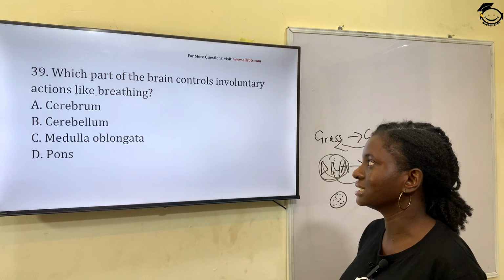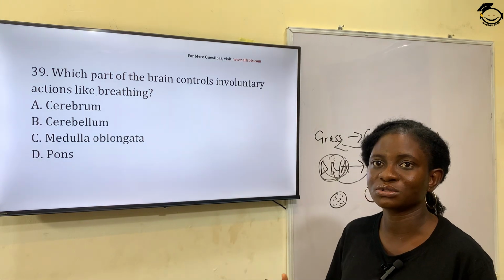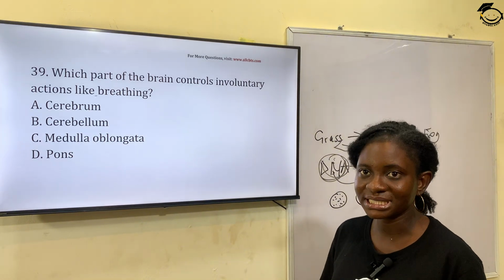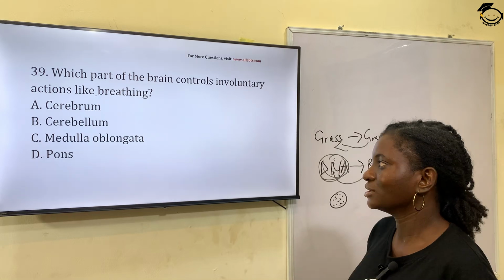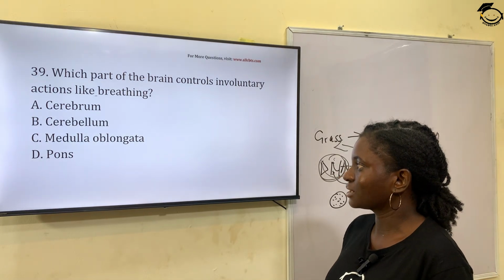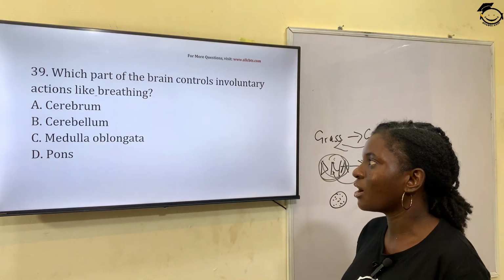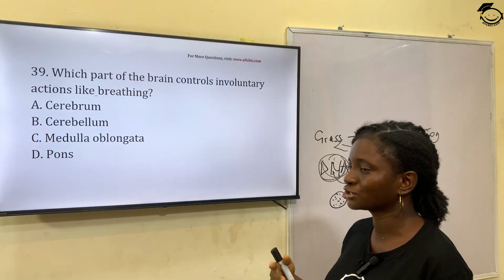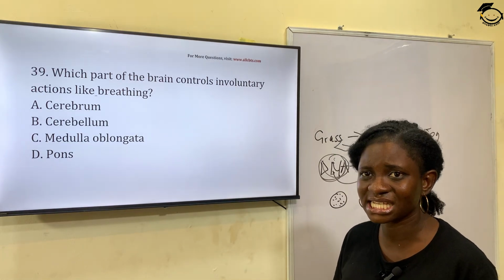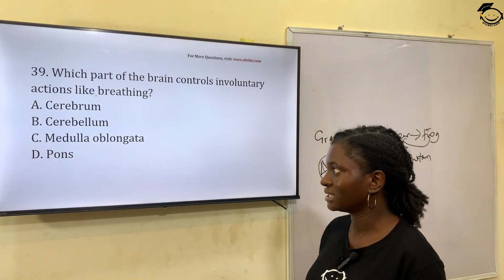It is involved in involuntary action, what the body does automatically, such as breathing, sometimes blinking of the eyes. Option C, medulla oblongata, is involved in controlling involuntary actions like sneezing and coughing. So medulla oblongata is the correct answer.